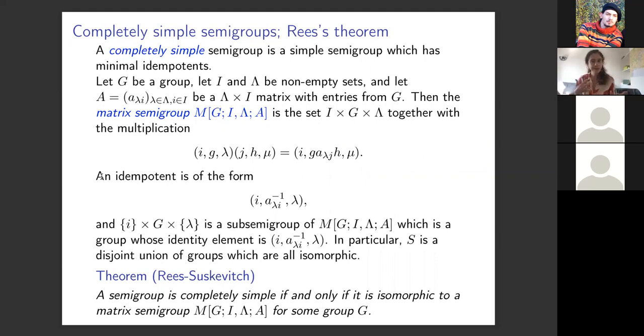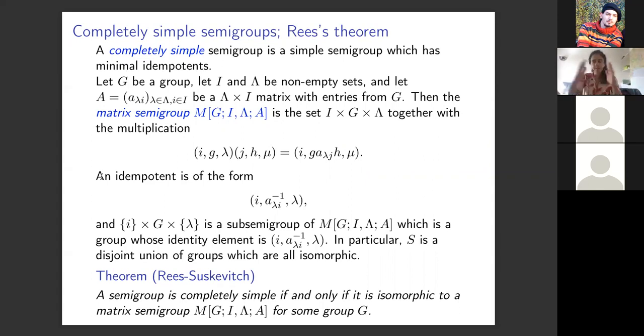So what is a matrix semigroup? You're given a group G and two non-empty sets, I and lambda. The idea here is that I is going to index your right ideals, lambda is going to index your left ideals, and your semigroup is a disjoint union of groups, which are all isomorphic to this group G.